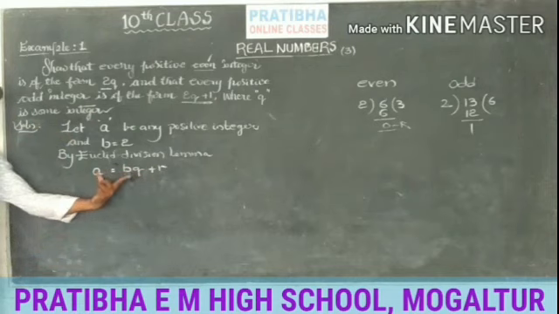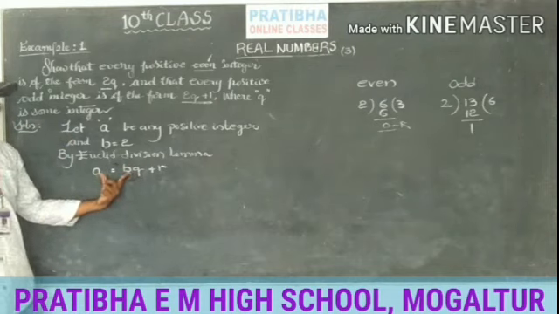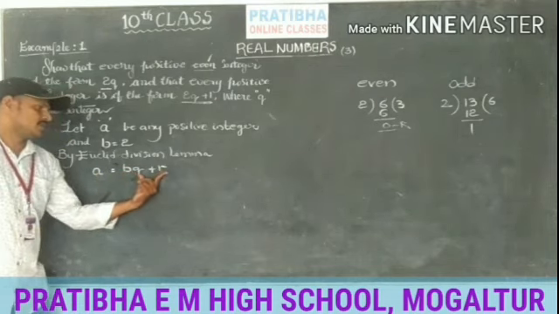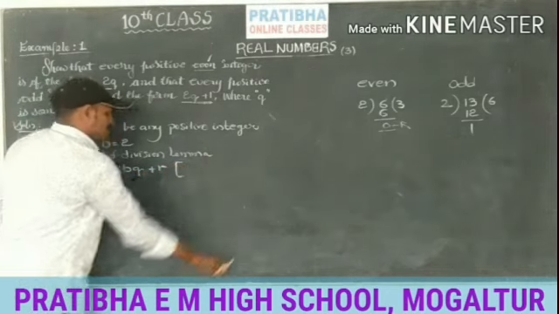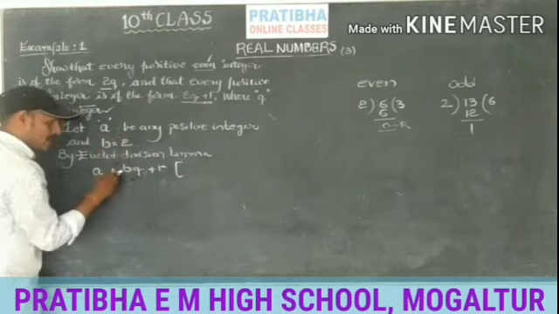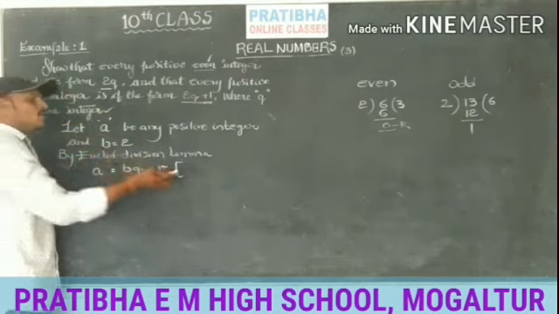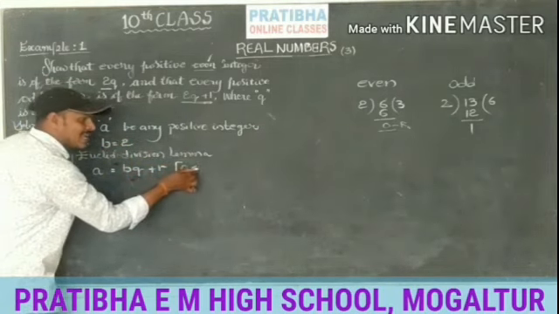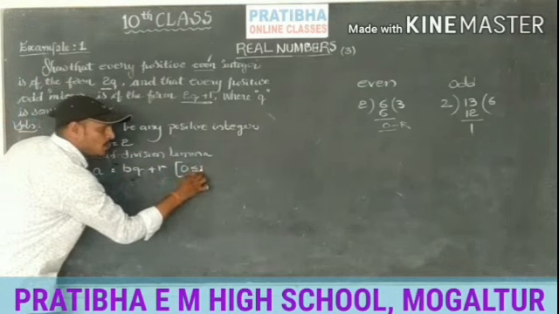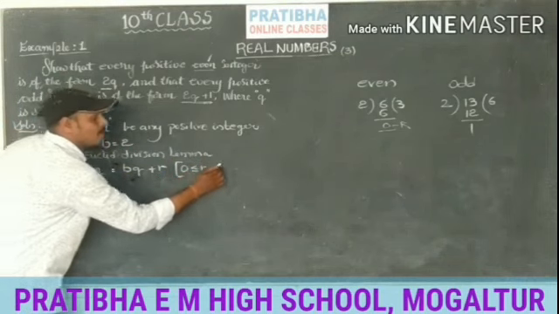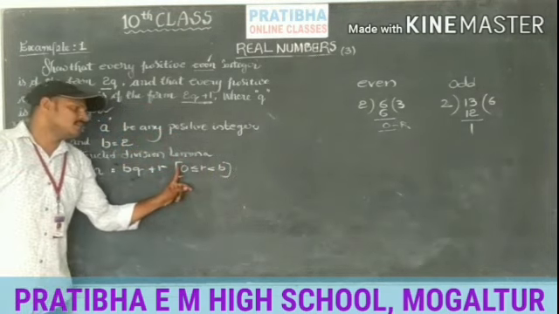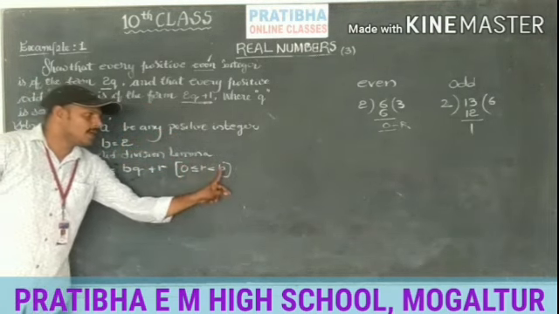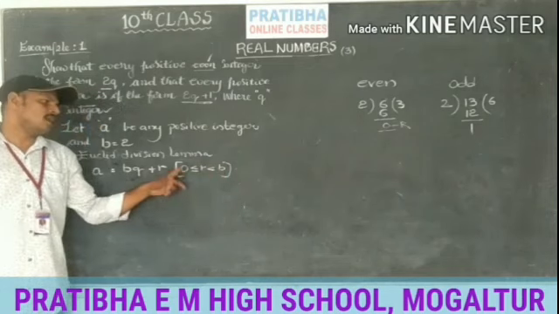For every two positive integers there exist two numbers q and r, where r is less than b and greater than or equal to 0. That means 0 is less than or equal to r, and r is less than b. This means the remainder is always between 0 and b, and can be equal to 0.